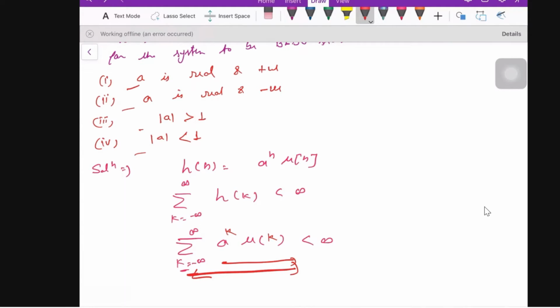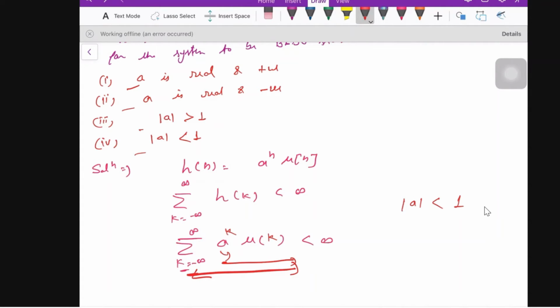So if you talk about this, it should be less than one. If the value is less than one, then whatever the power is, it will be finite. If mod a is more than one, then it is already going to mod infinity, so in that case it will tend to infinity. But when you put this mod a less than 1, it will be limited to a finite value.